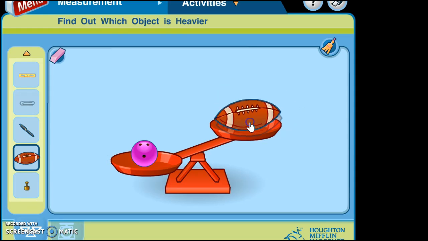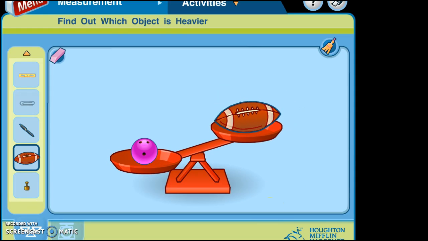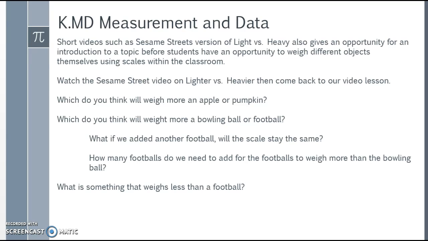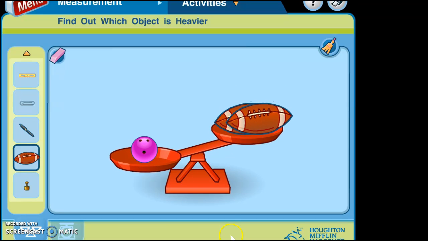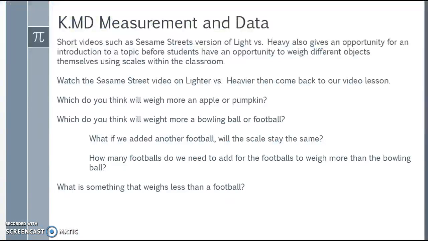This activity would be fun if I had a scale that we could show and practice in class, something hands-on for students. If we added another football, will the scale stay the same? So we see that the bowling ball is much heavier than the football. So if I added another football, ooh, our scale didn't move much.